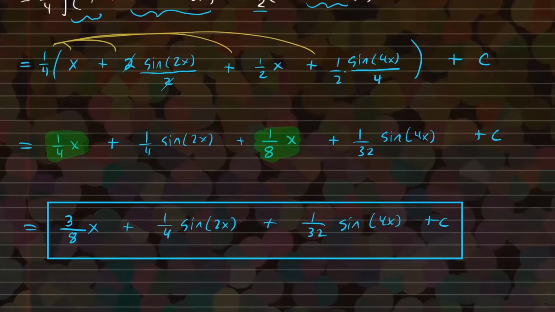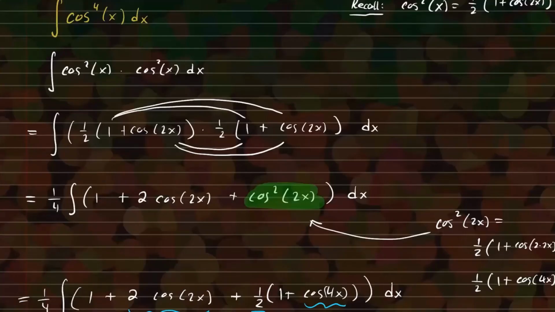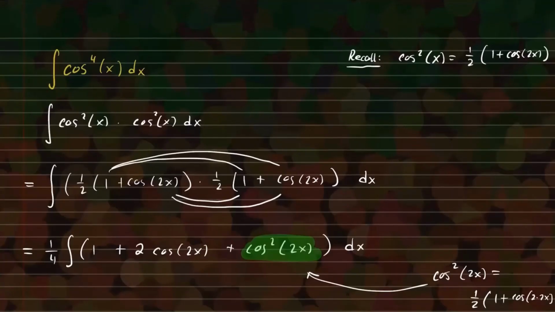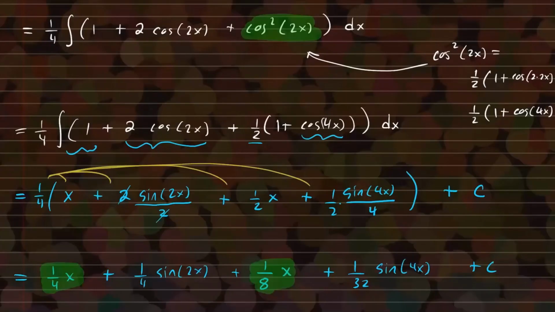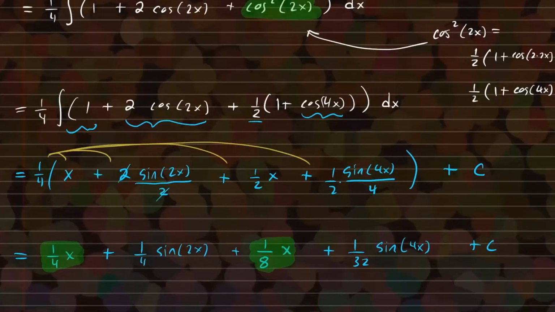If you want, you can pull out the constants and rewrite it, but I think this is good enough. So here we were able to use the identity twice: this identity right here on top, then expand, and then we use the u-substitution mentally to finish the integration.